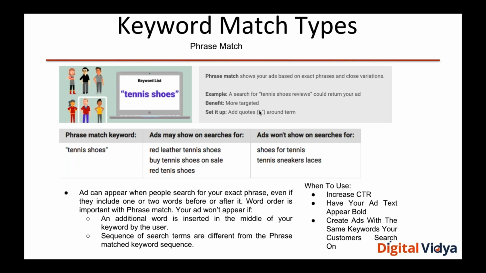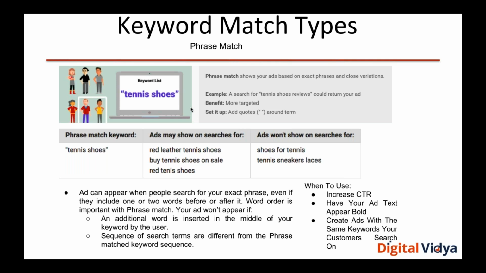It can still trigger the ad because that word tennis shoes is appearing in that order. The moment that order is disturbed, something like shoes for tennis or shoes tennis, it won't trigger. So by doing this, you're ensuring that the person who is searching and who is ultimately seeing your ad is going to enter a phrase in the exact order in which you're putting the phrase match keyword.